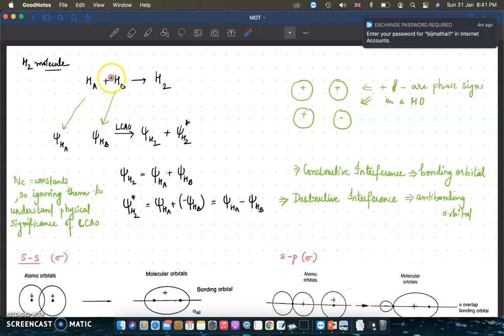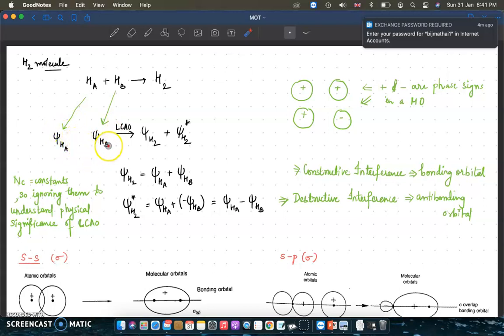Each of these hydrogen atoms has its corresponding wave function, represented as chi HA for atom A and chi HB for atom B. As I told you in the previous discussion, in order to form the molecular orbital wave function, we linearly combine them.